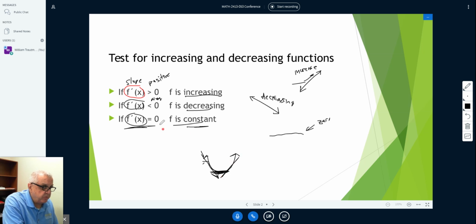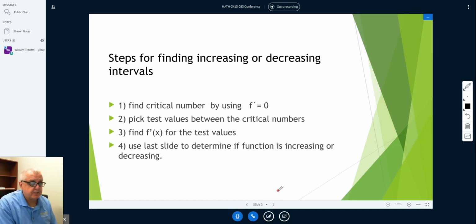And then my slope becomes positive, greater than zero, so it's an increasing function. It's a very basic concept, but we do use it quite a bit in this chapter of calculus.